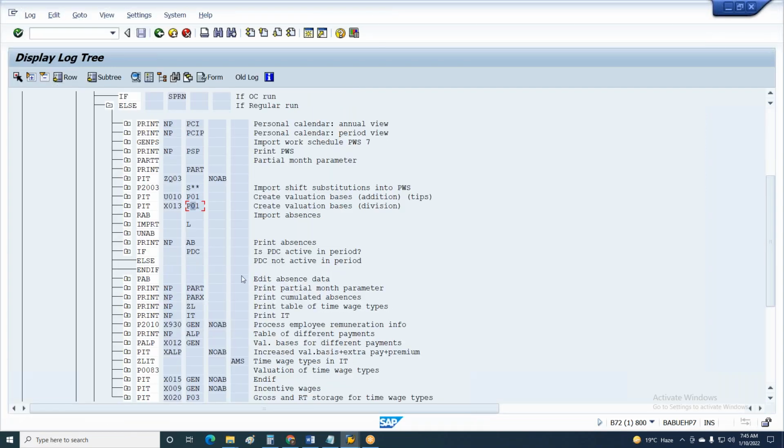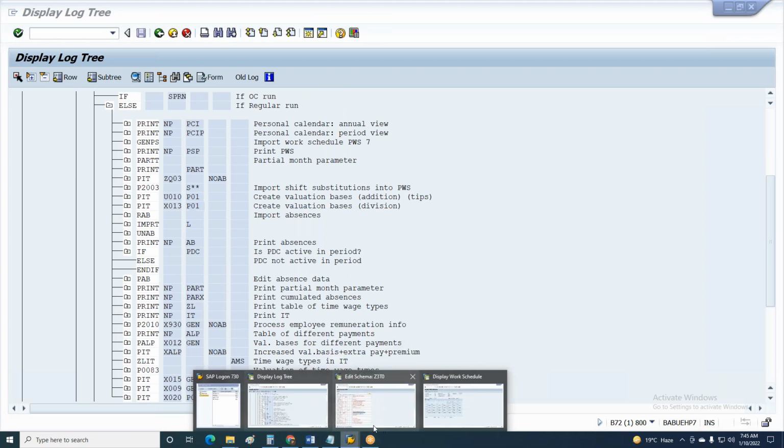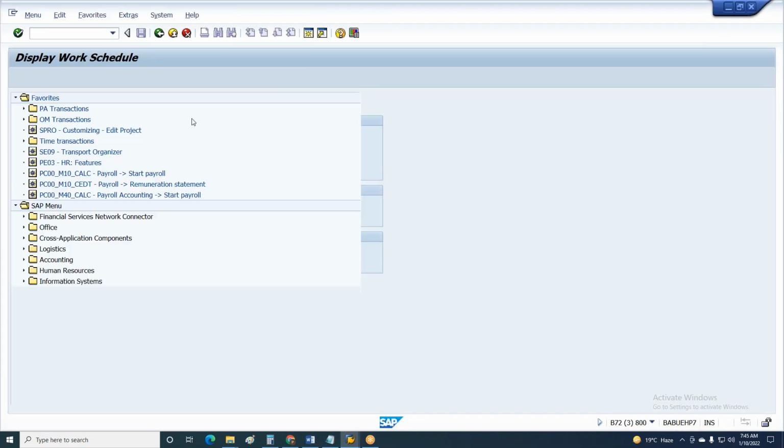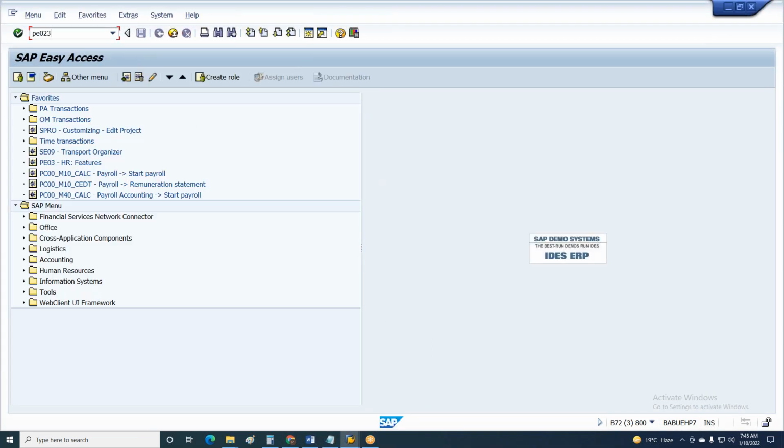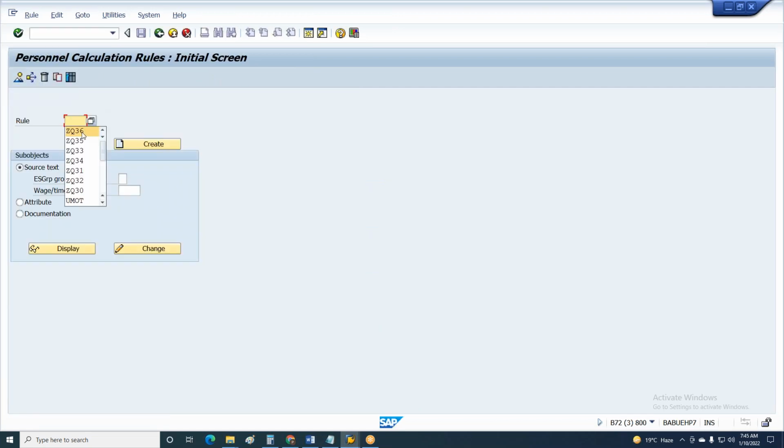So look at it. First rule, adding a primary wage type to ZQR0.